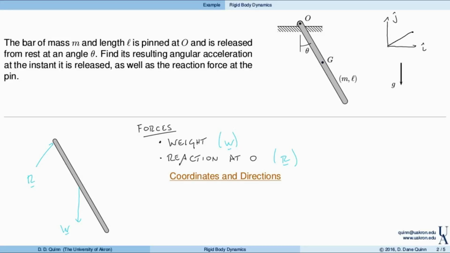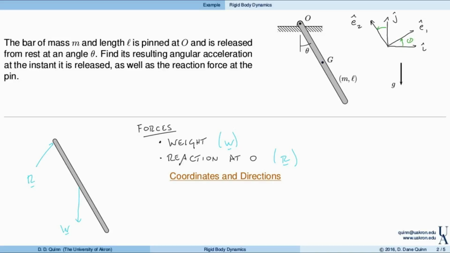And then let's define E1 as perpendicular to the bar and E2 as a direction along the bar. So with this, the angle theta lies between I and the E1 direction, and also between J and E2. So again, theta describes the orientation of E1 and E2 relative to I and J.